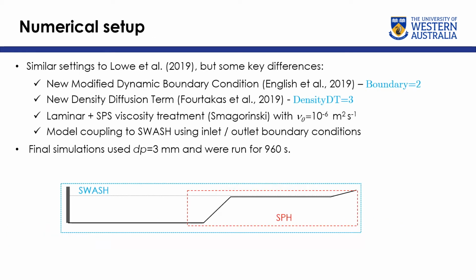And so in terms of the numerical setup, we used settings that were in many ways similar to the previous paper that I mentioned, but with some key differences. So we used the new modified dynamic boundary condition in version 5 of DualSPHysics, the new density diffusion term, and also used a laminar plus sub-particle scale closure viscosity treatment based on the Smagorinsky approach with a kinematic viscosity that's physically based, so it's 10 to the minus 6 meters squared per second.